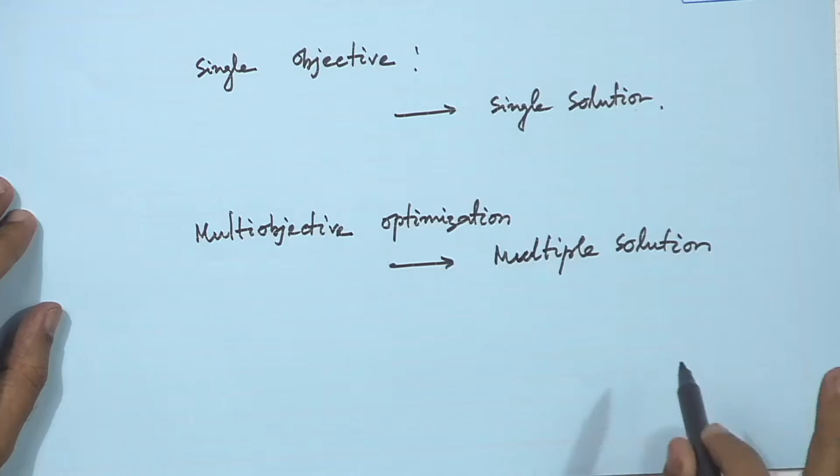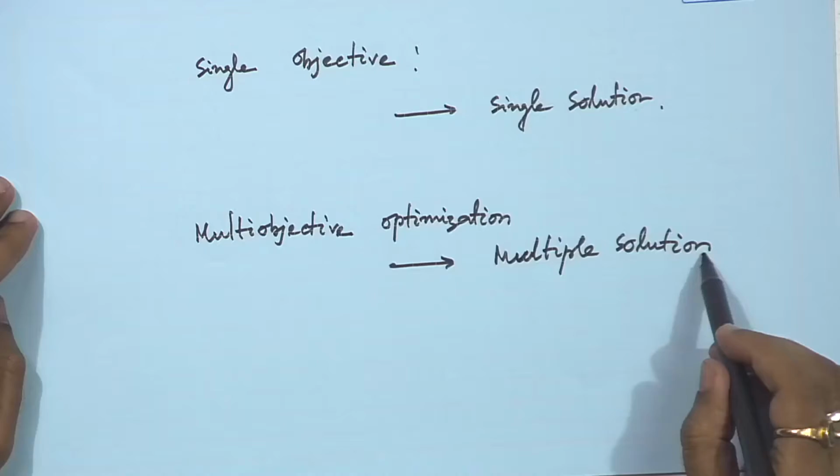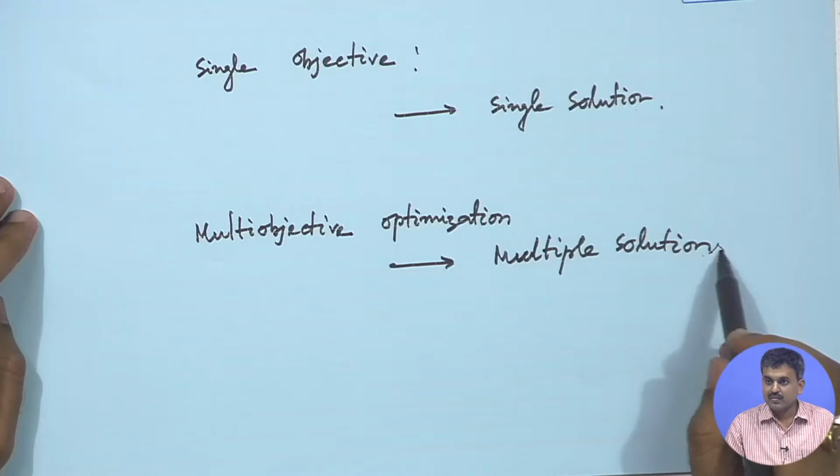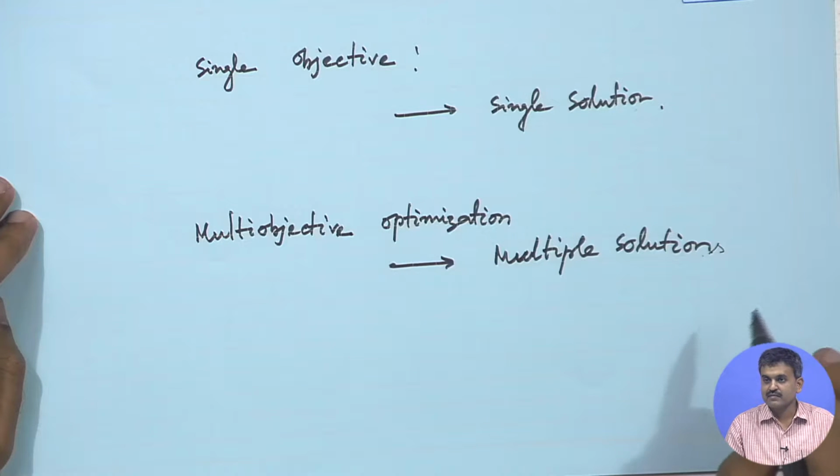Let us say for a problem of saltwater intrusion, where we have maximization of pumping from production well and minimization of pumping from barrier wells, you will get some Pareto front, and you will get multiple solutions. Okay. Multiple solutions for this case.